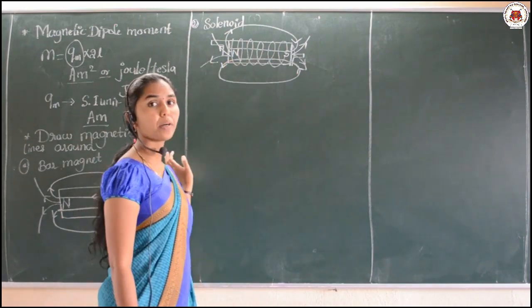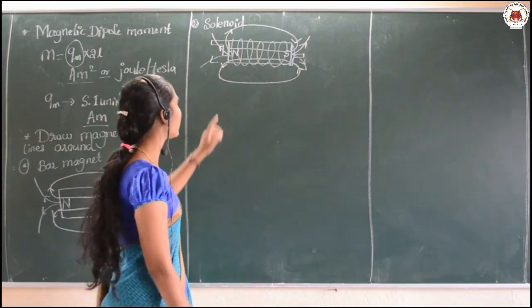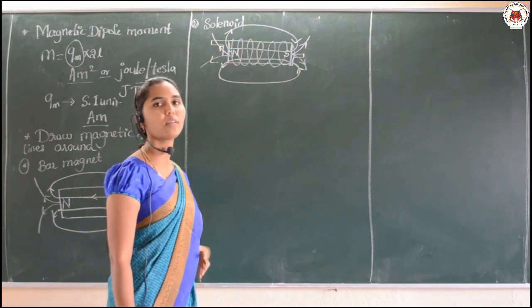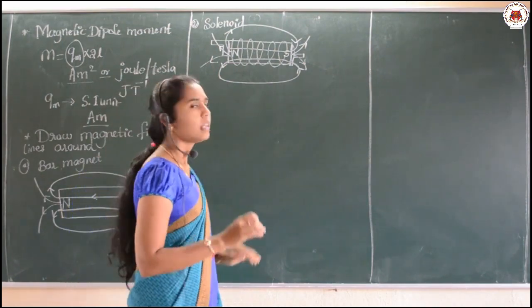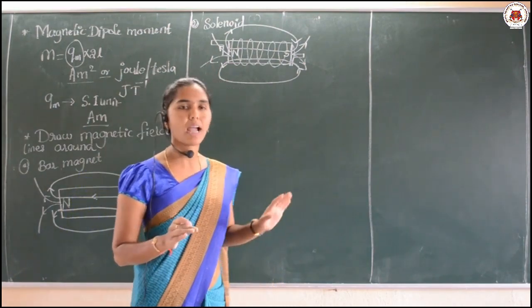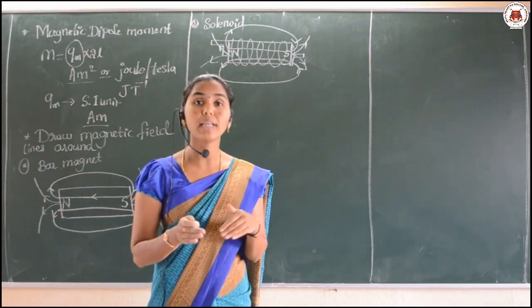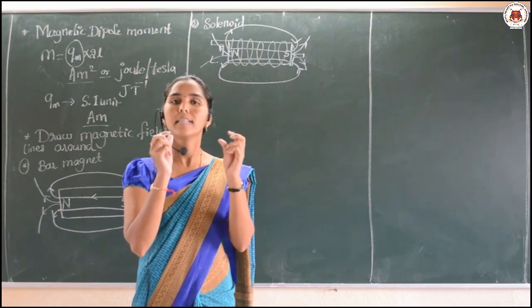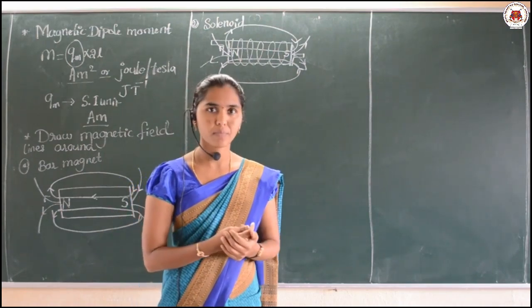But remember, both the bar magnet and the solenoid behave the same, only the copper wire is wound on that core, right? So this is what the magnetic field lines are. And see dear children, these magnetic field lines explain the strength of the magnetic field and how much effect it has, right?